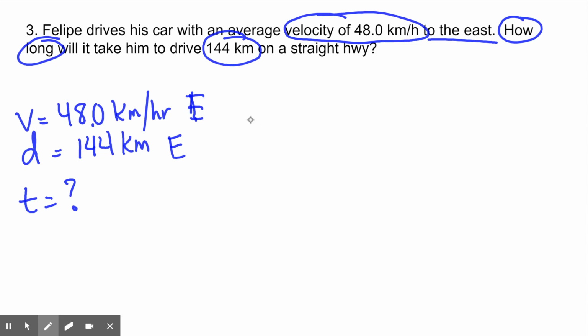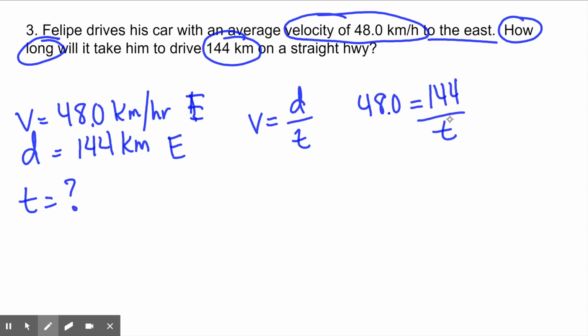So our formula, velocity equals displacement divided by time. Let's go ahead and substitute our numbers. 48.0 equals 144 divided by time. Now, there is a shortcut to this, but I'm going to show you the algebra on how this works.